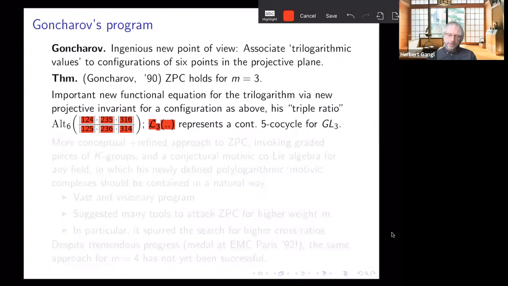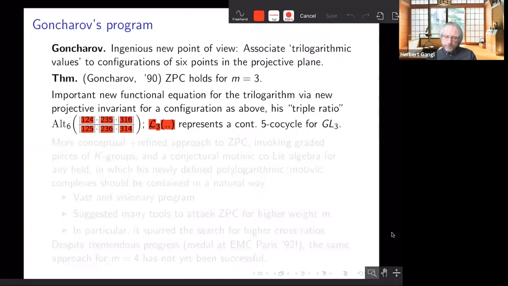Once you have a corresponding continuous cocycle in the right cohomology group, for the right group GL. So in general, we have GLm, and we need a 2n-1 cocycle. Then this also gives Zagier's conjecture.